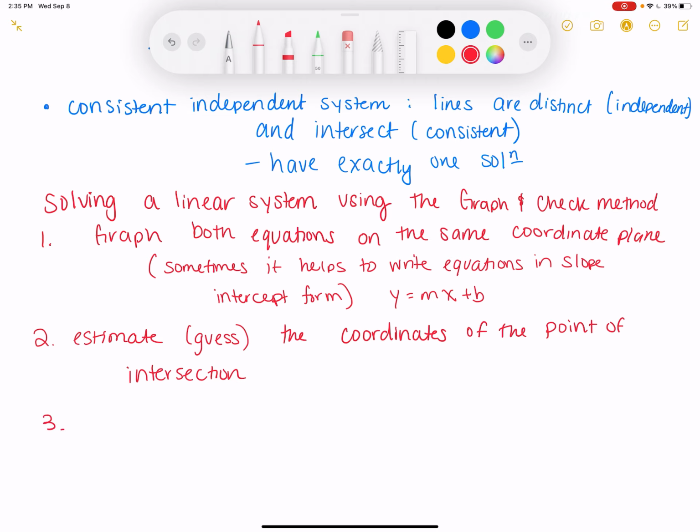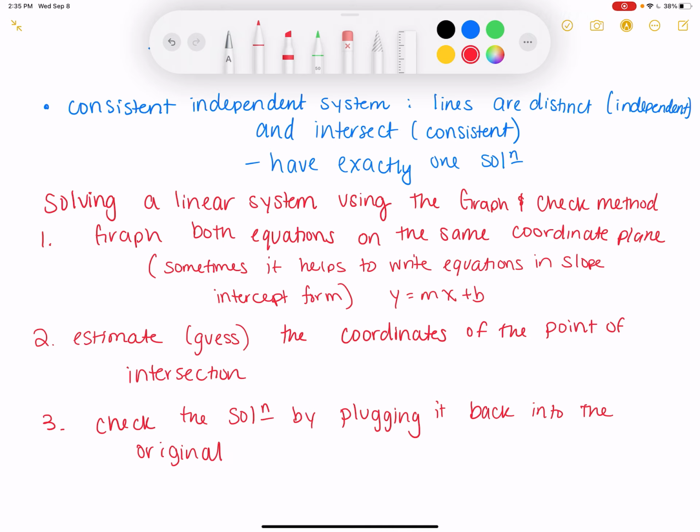And then finally, check the solution by plugging it back into the original equations. So this is the check part. Sometimes it's mandatory, sometimes it's not.